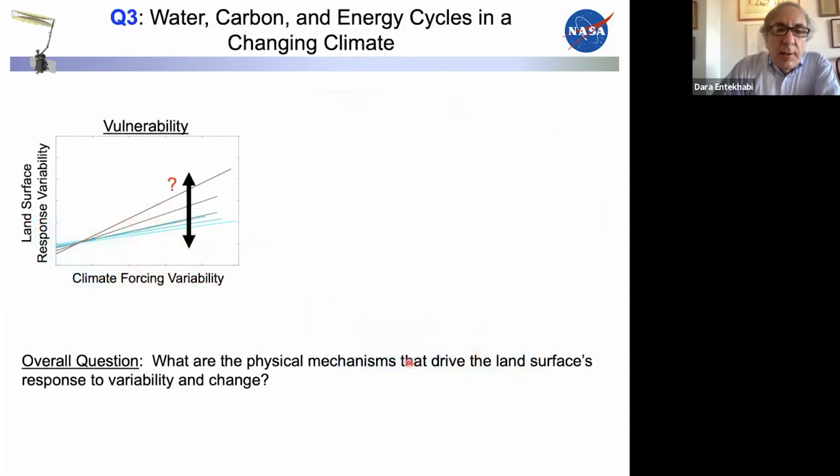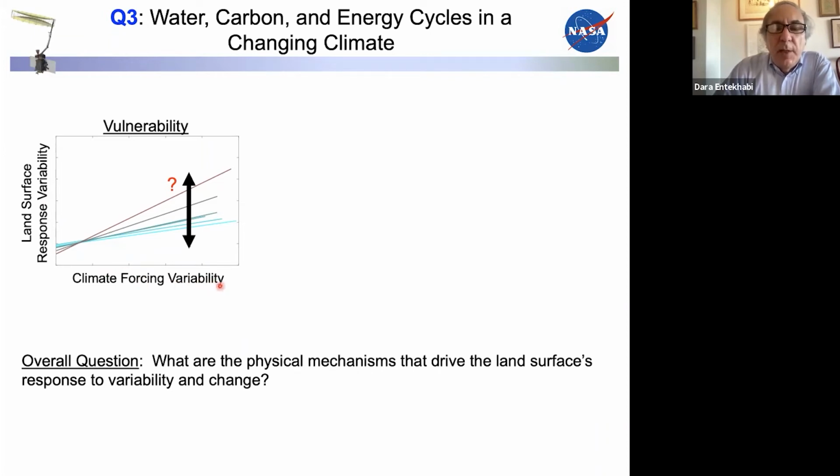The last thing I'm going to talk about is a very basic question, which relates to climate change. Are regions with the largest land surface response variability those where there is more climate forcing variability?